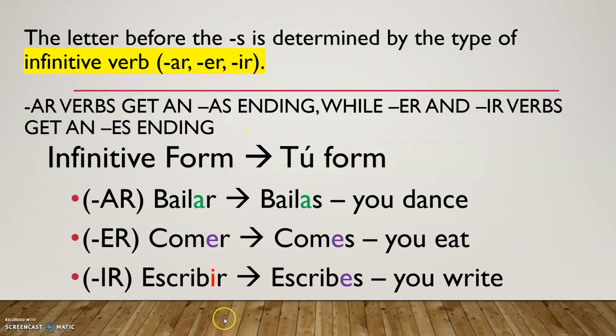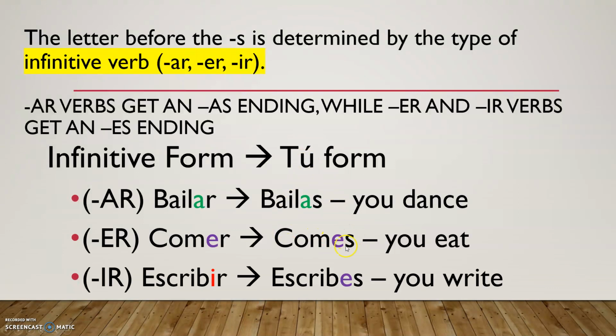Here we're showing the infinitive form and the tú form. So the infinitive AR, like bailar, turns into the you, tú bailas, you dance. Bailar turns into bailas. The ER verbs, such as comer, turn into an ES.